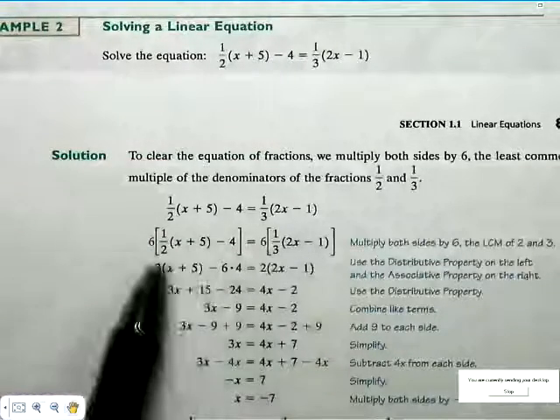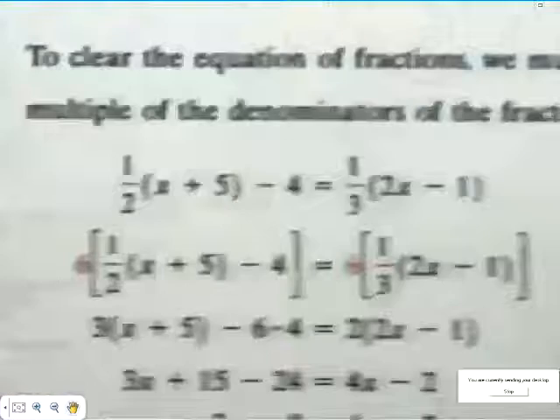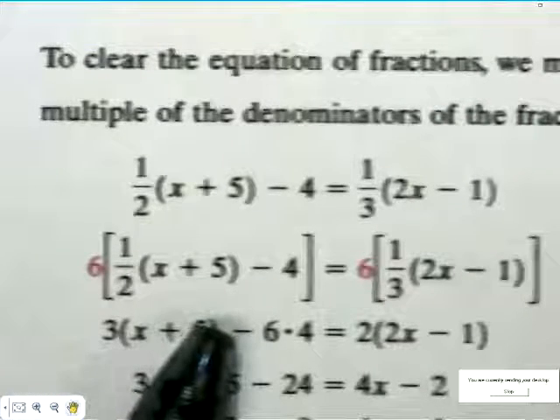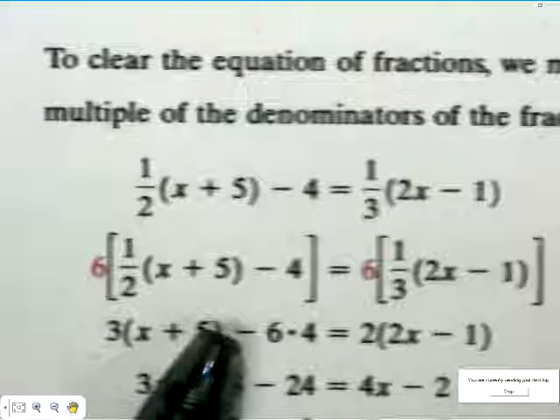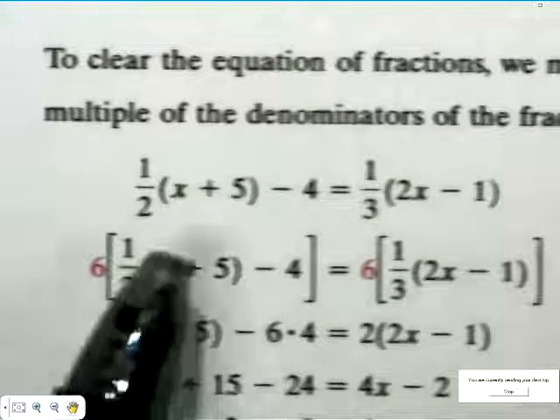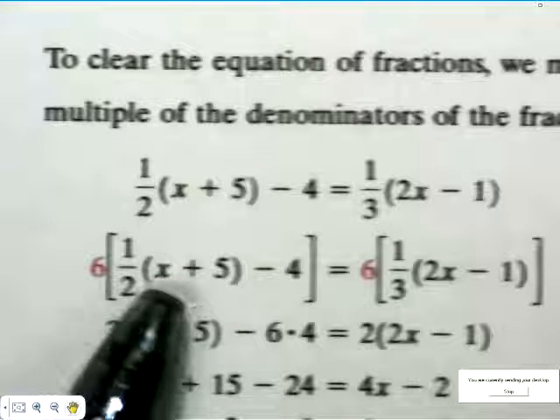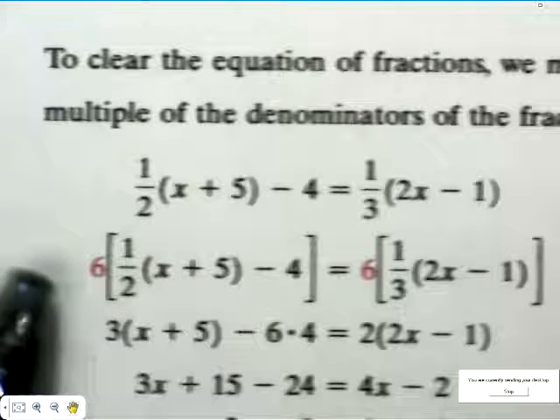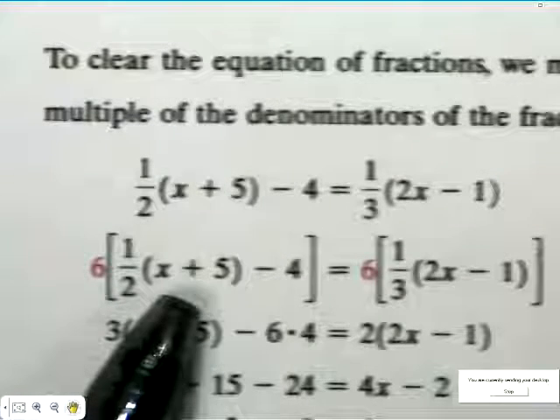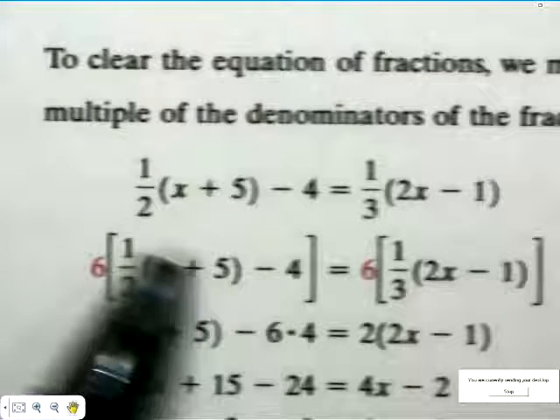How many terms, this is a good question right here, how many terms are inside that bracket? That's the most common wrong answer. I paid you to say that, right? Just 2, because anything that's held together by multiplication is all part of the same term. Some folks want to multiply the 6 times the 1/2 and the 6 times the x plus 5, but that's all part of the same term.